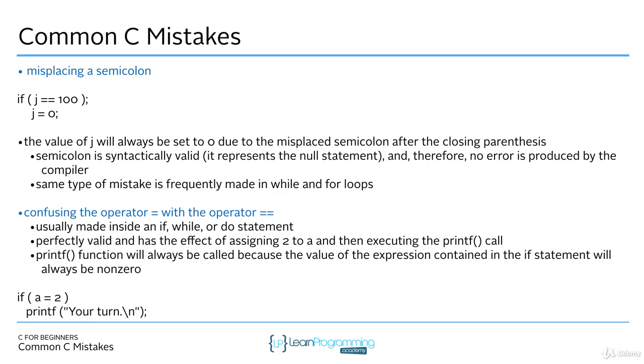So it's very common to use the assignment operator as opposed to the equality operator and not have a compiler error. If you use the wrong one in the wrong situation, you may have unexpected behavior as well, but you will have a compiler error if you're using it incorrectly for assignment. But be careful of this.